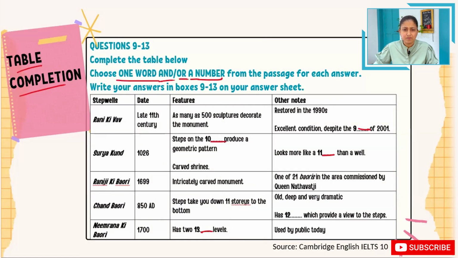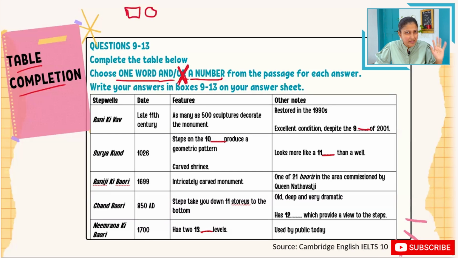That means, okay, let's just first understand what are the possibilities of correct answer. So for example, it says 1 word and or a number. Let me remove this word or for the time being. So it says 1 word and a number. Okay. So let's say my answer is 1 word and a number.